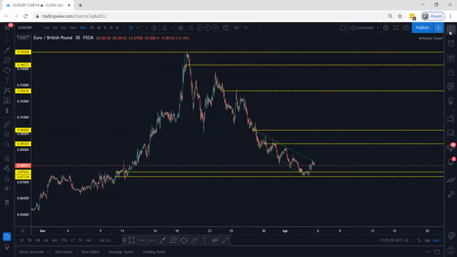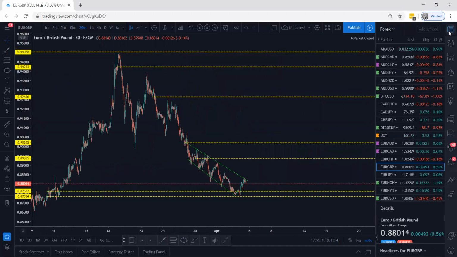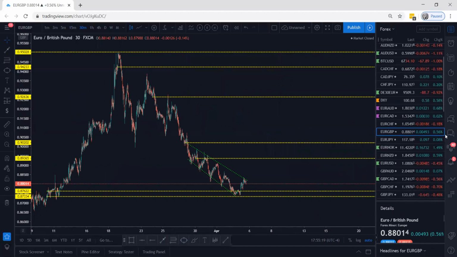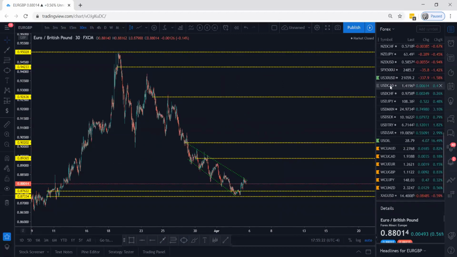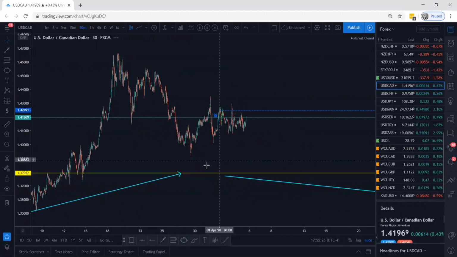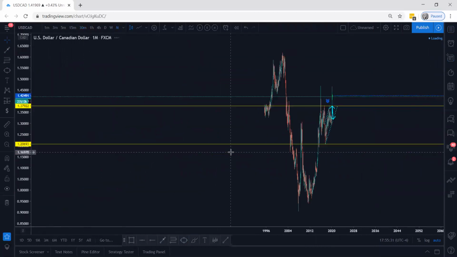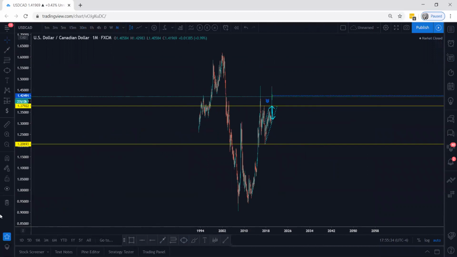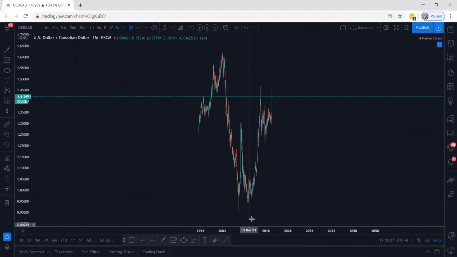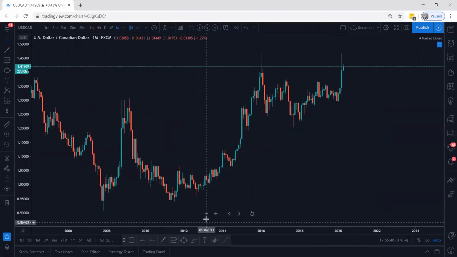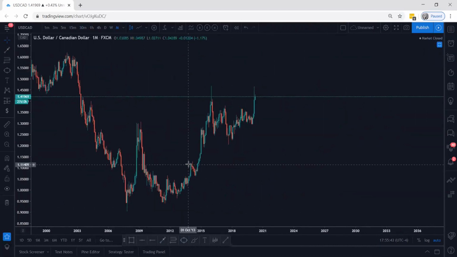So let's look at USD CAD. Look for my highs and my lows.